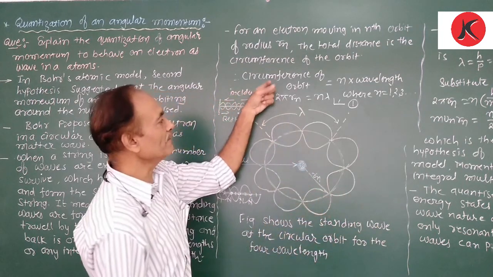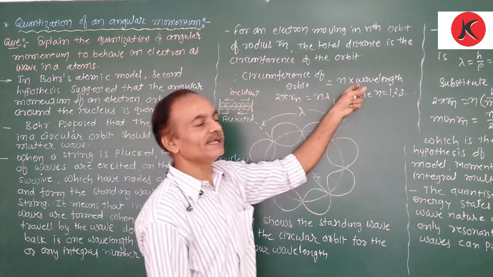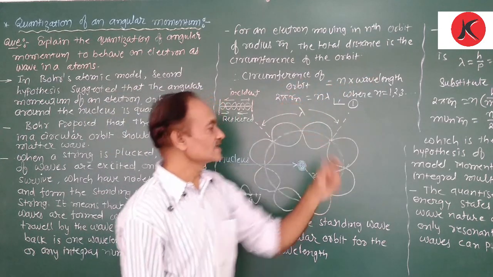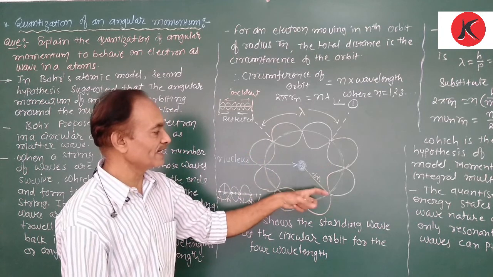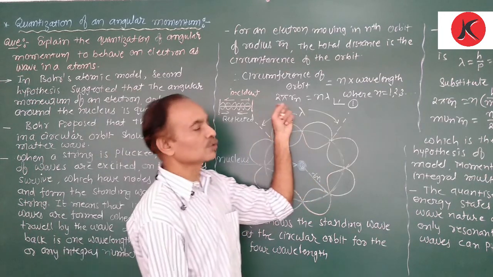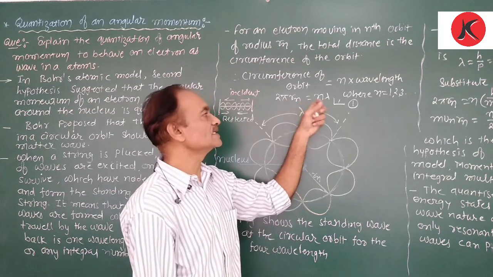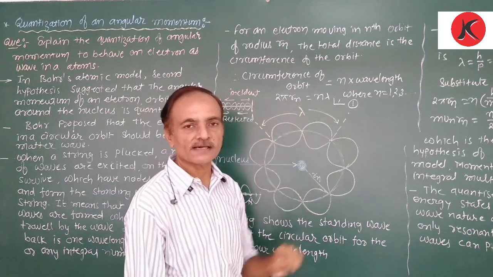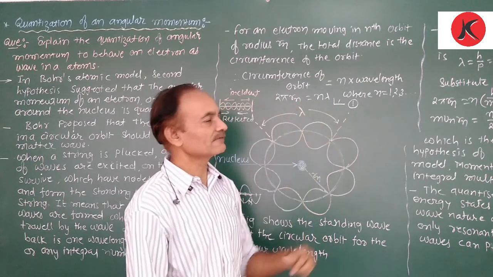Therefore, the circumference of the orbit is equal to n times wavelength. Circumference of the nth orbit of radius r is 2 pi r n equal to n times lambda. That is our equation 1.